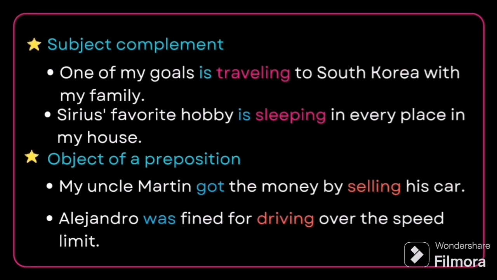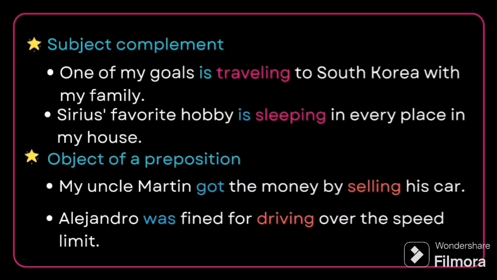One of my goals is the subject, is is the verb, and traveling to South Korea is the subject complement. Next example: Sirius' favorite hobby is sleeping in every place in my house. Sirius' favorite hobby is the subject, is is the verb, and sleeping in every place is the subject complement.